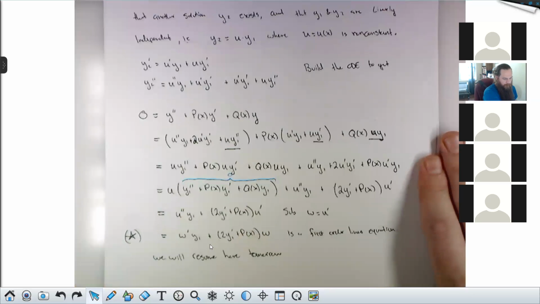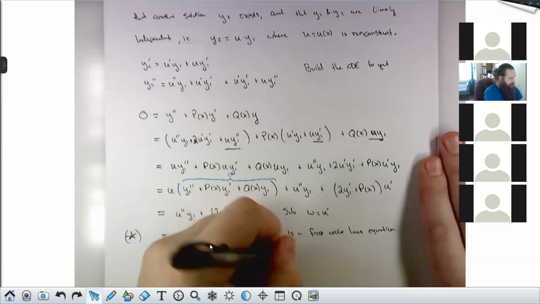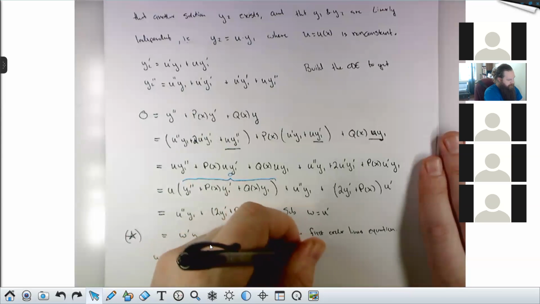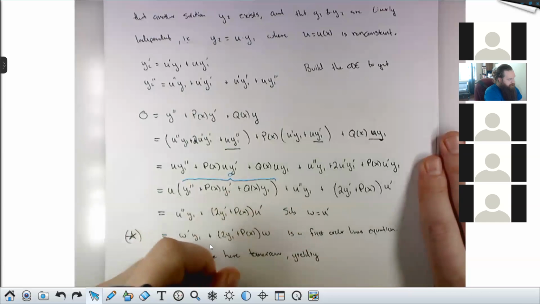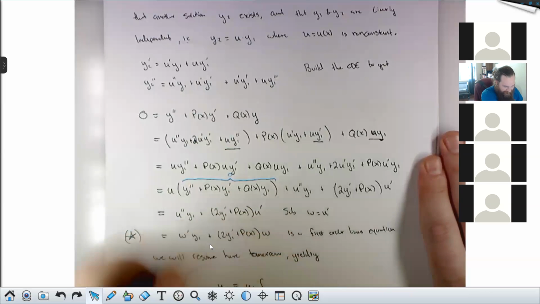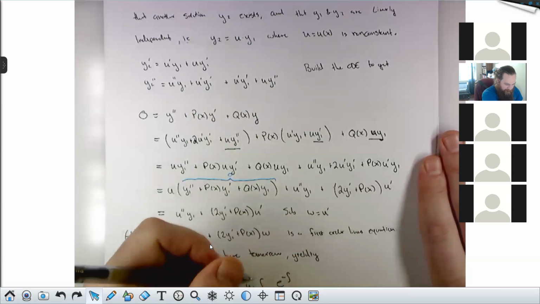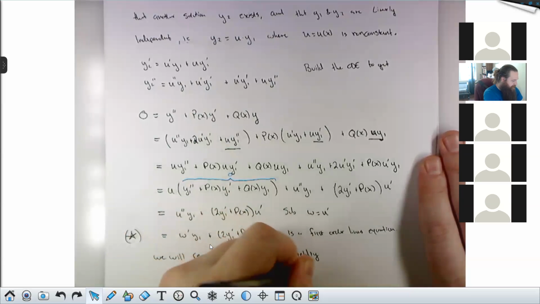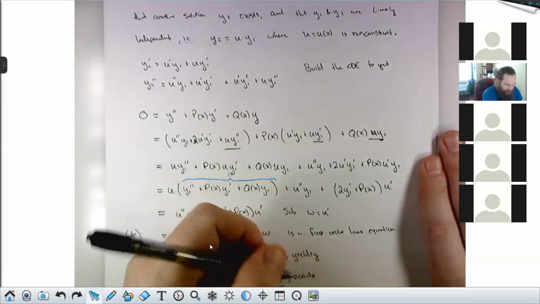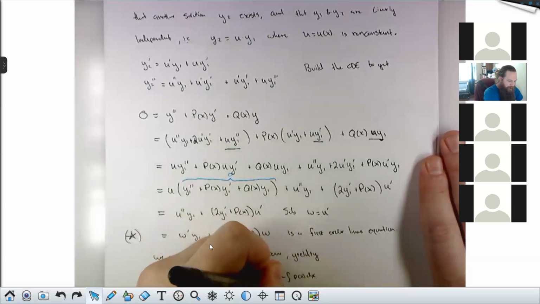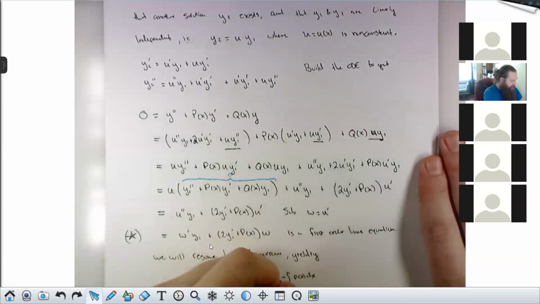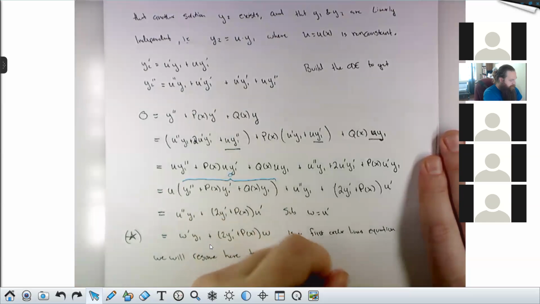I'll tell you that the formula we're going to get is that y2 is going to be y1 times the integral of, you're going to hate this, e to the negative integral p of x dx, within the big integral, divided by y1 squared, and then integrate that whole beast dx.